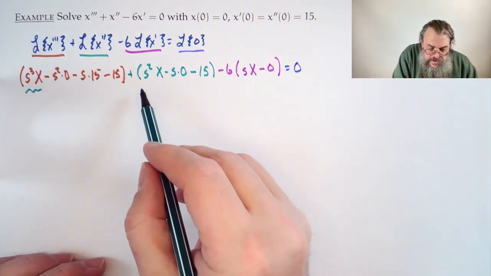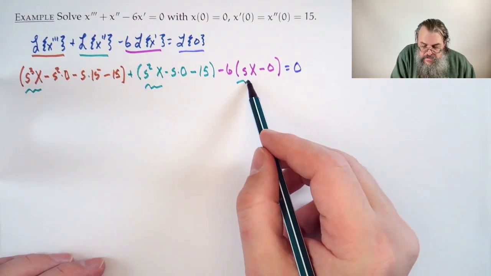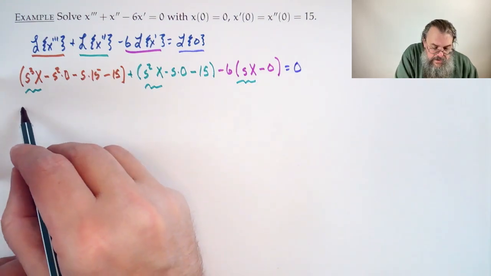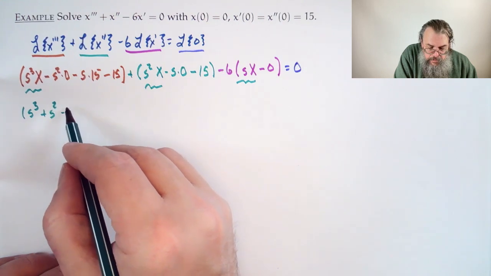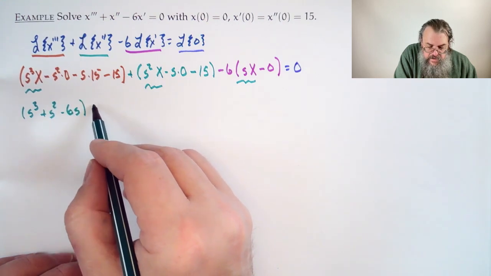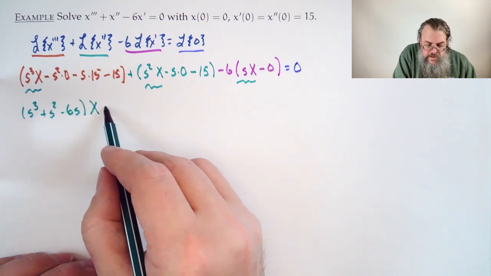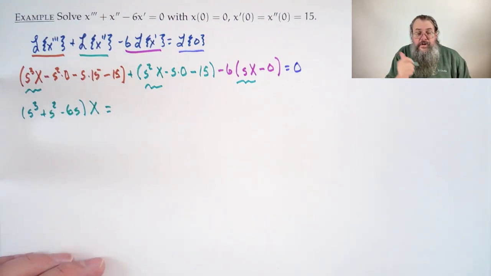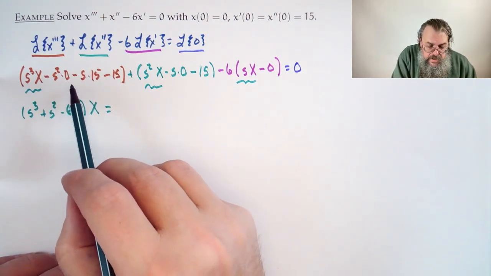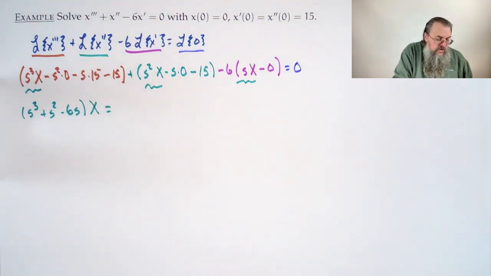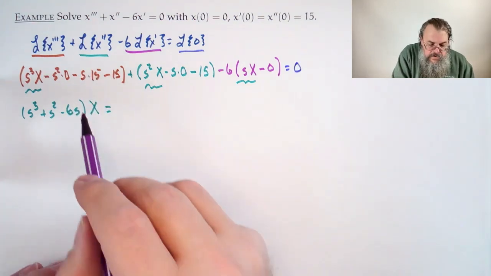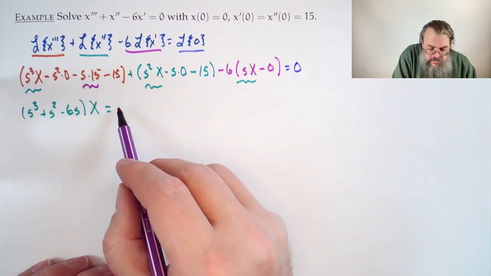Well, there are 3 terms that have X. So we have s cubed plus s squared minus 6s times capital X equals, and we're going to put everything else on the other side, 15s. Okay, I'm going to switch colors here just to emphasize the 15s.